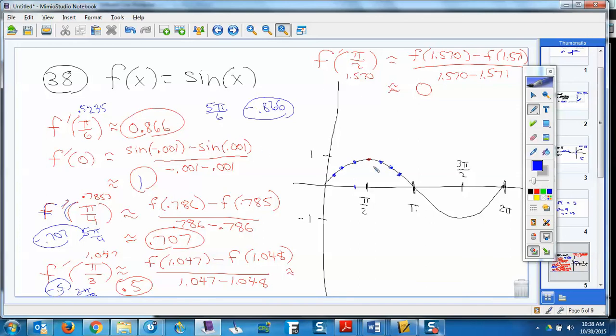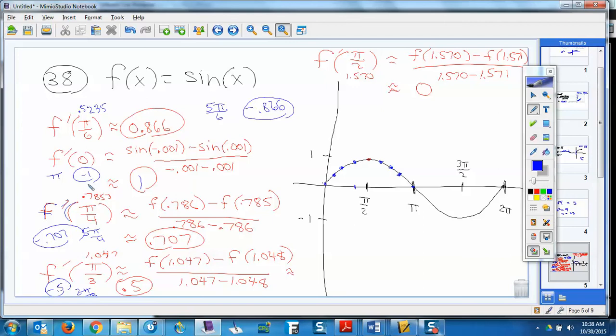And then pi halves, the slope is 0. We had 1 at 0, so I'm guessing at pi we should be getting a slope of negative 1, right? So that's what it meant by using symmetry.